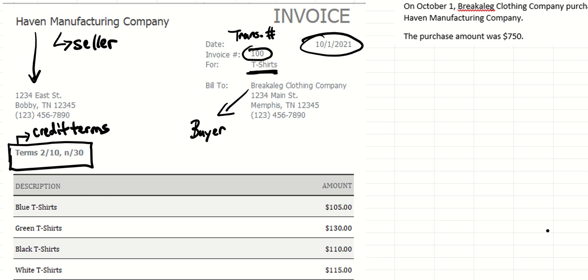Otherwise, Break a Leg will need to make the full cash payment. And that's if they make the payment beyond the discount period. So that's what terms 2/10 net 30 means. That N 30, net 30. They have up until 30 days to make the cash payment.